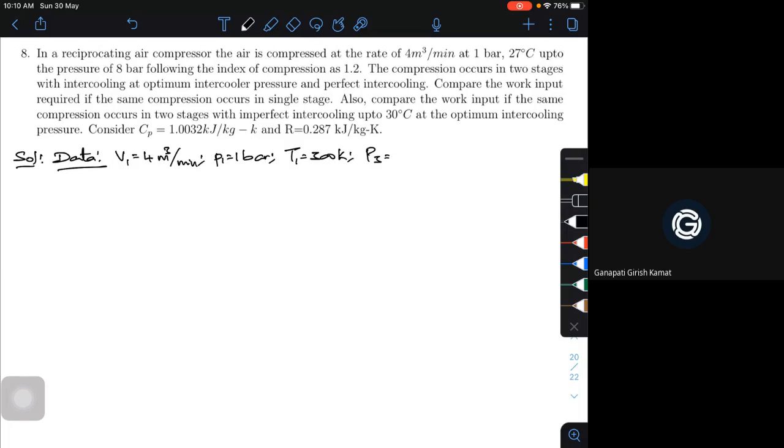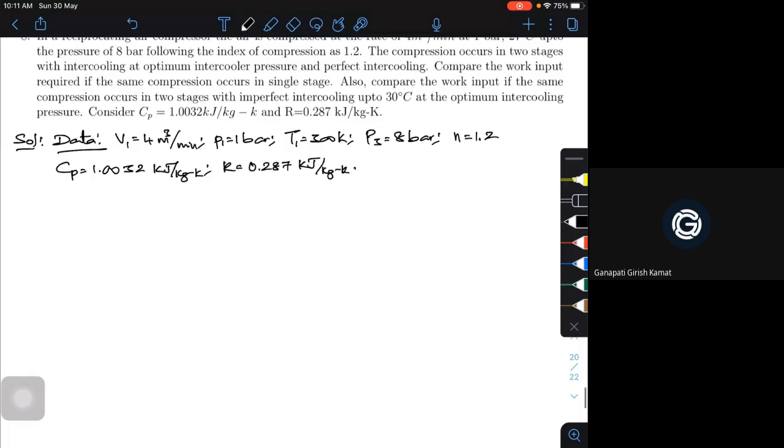So P3 is equal to 8 bar and the index of compression is 1.2 here, instead of 1.3. Cp is equal to 1.0032 kilojoules per kg degree Kelvin and R is equal to 0.287 kilojoules per kg degree Kelvin.